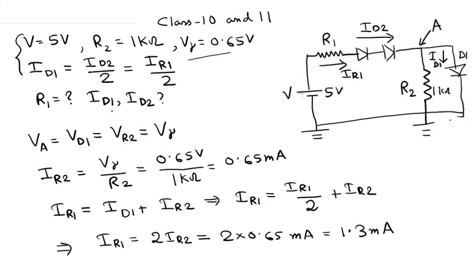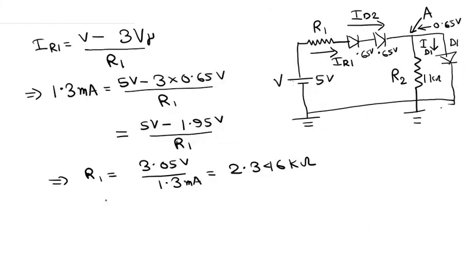over here is what are the values of these currents ID1 and ID2. So ID2 is basically equal to IR1 because the same current flows through the resistor and through the diodes, and ID1 is basically IR1 divided by 2.